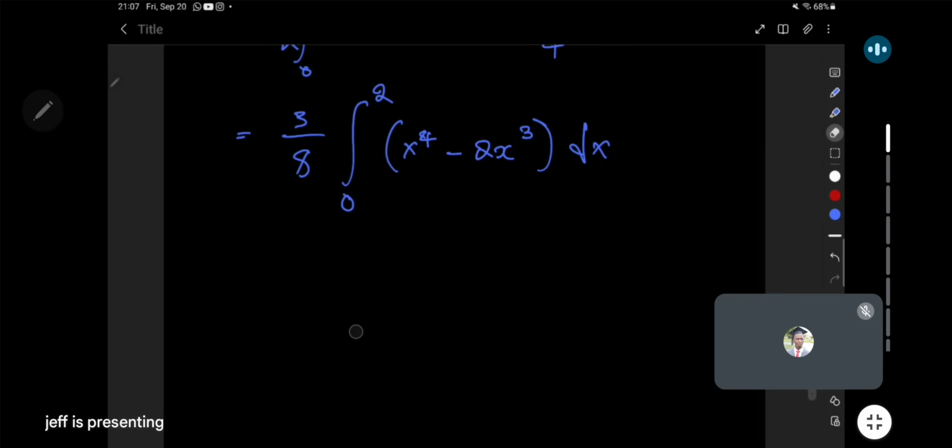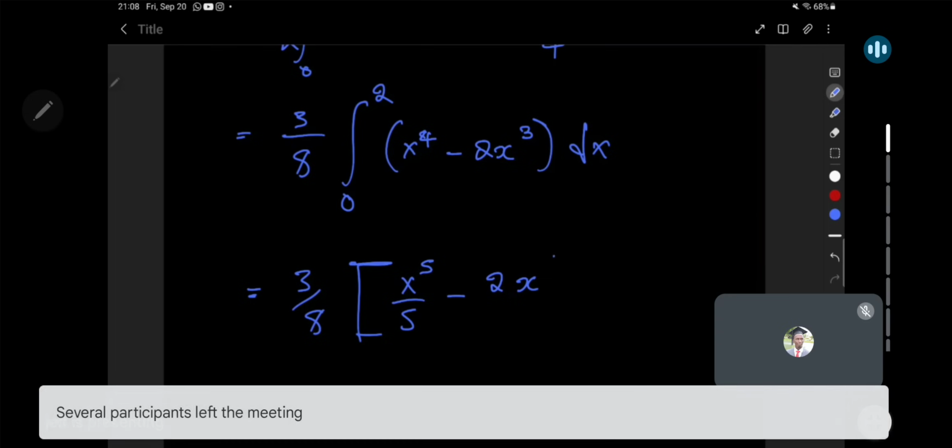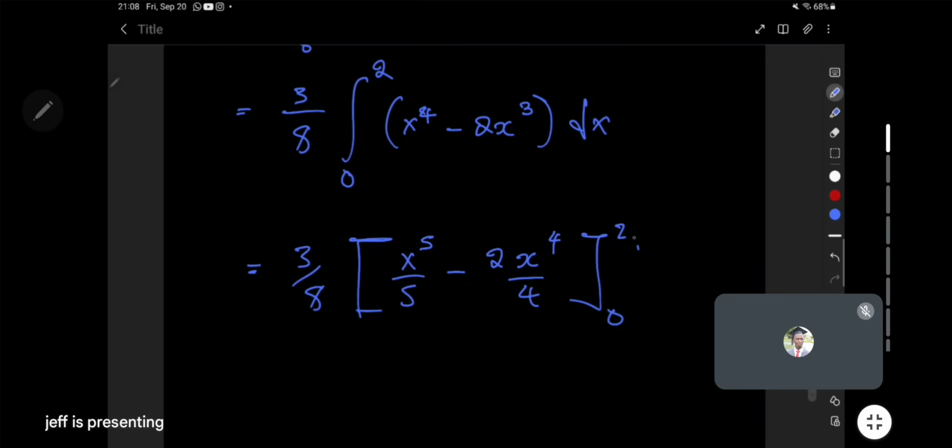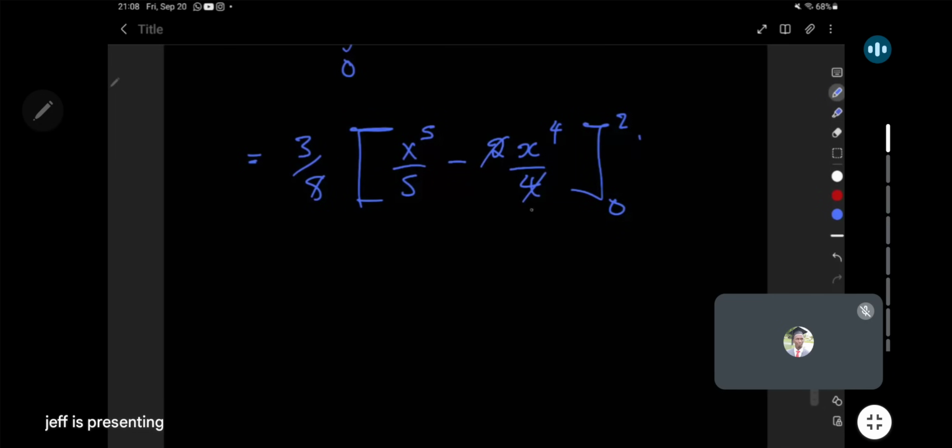So now we can integrate. 3 over 8. When we integrate, x goes to the power 5 over 5 minus 2x to the power 4 over 4. So we have integrated, this is from 0 to 2. 2 will cancel once there.